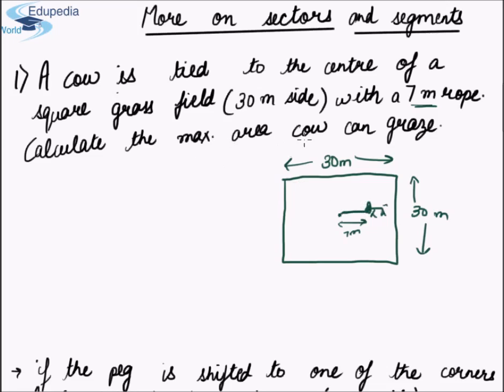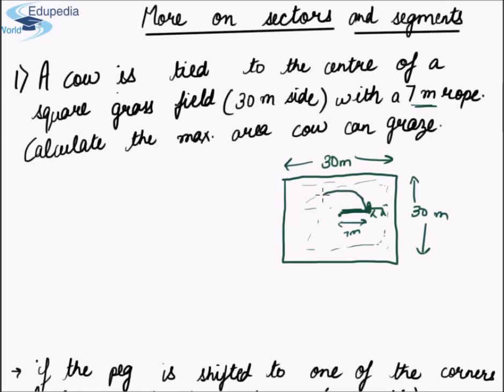Calculate the maximum area the cow can graze. We have to calculate the maximum grass that this cow can graze when it is tied with a 7-meter rope. Now friends, the available grass is all the field, but we have a constraint. That is, we have a rope which is just 7 meters. Now the cow can move 7 meters here, here, here.